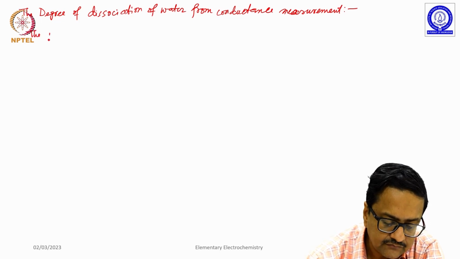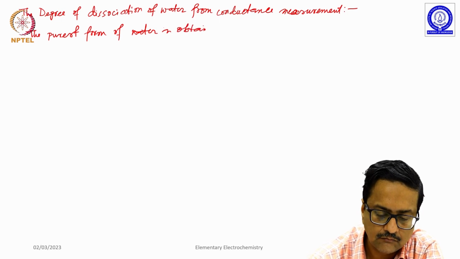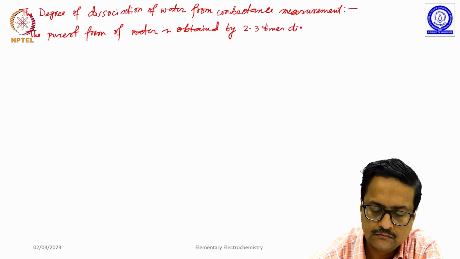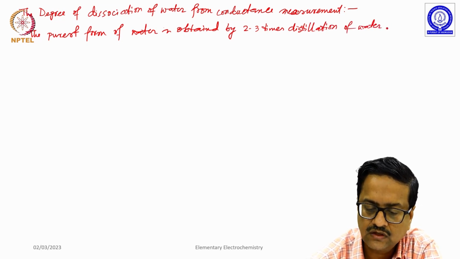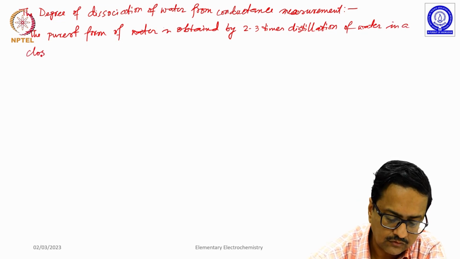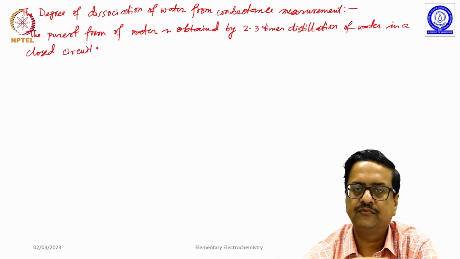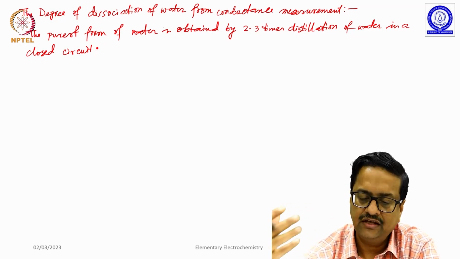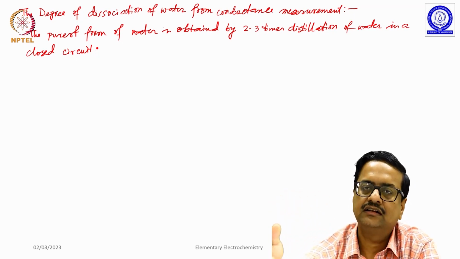So, the purest form of water is obtained by 2 to 3 times distillation of water in a closed circuit, which essentially means that you distill water from the first container, collect it in a second container which is isolated from the environment, and then use the second container as a boiler, boil that water, again collect the water vapor in a third container and do the same again.